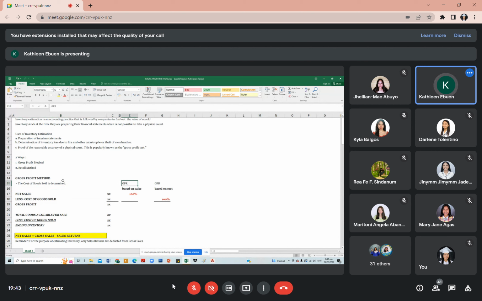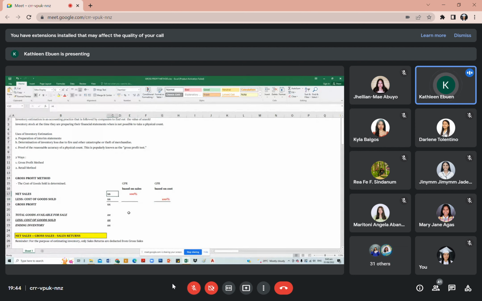So, paano ba natin gamitin si gross profit method? Gagamit tayo ng gross profit ratio or gross profit rate. Okay. Kapag ang gross profit rate natin is based on sales, therefore nasa 100% po. Nasa net sales po yung 100%. Kapag ang gross profit rate naman is based on cost, therefore nasa cost of goods sold yung 100%. Okay, so yan yung tatandaan niyo class sa gross profit rate.